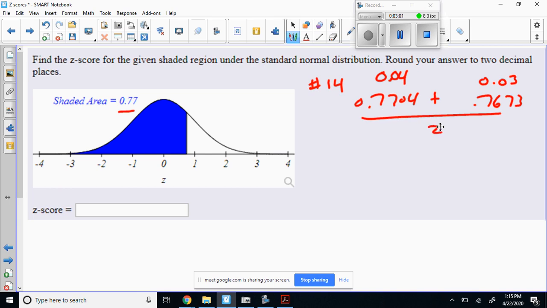Add those, divide by, not 2, 10. So let's see. 0.7704 plus 0.7673 gives me... I don't know how to do that. My brain ain't working right. Divided by 10, so divided by 10.